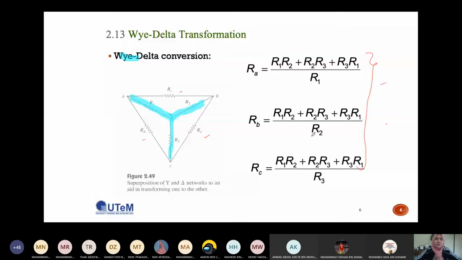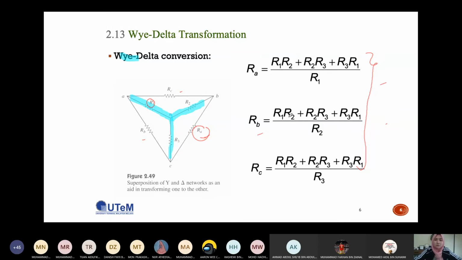So for RA over here, you look at here, for the resistor RA, if you want to remember this one, it is actually R1 multiplied with R2, plus R2 multiplied with R3, plus R3 multiplied with R1, divided by R1.